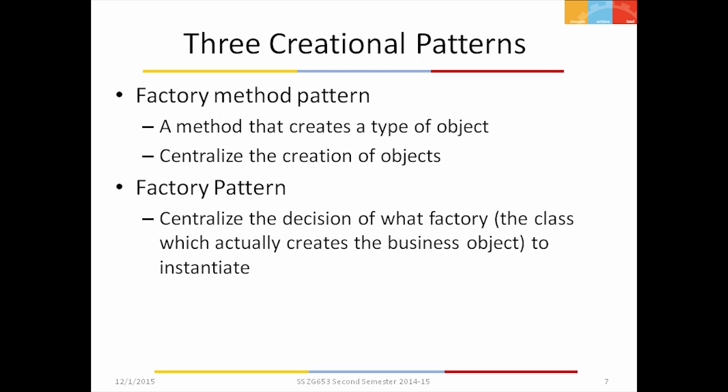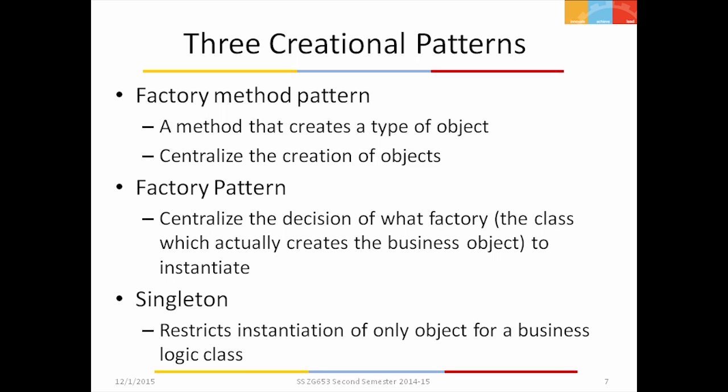Factory pattern centralizes the decision of what factory or the class which essentially creates a business object to instantiate. There is a slight difference between factory pattern and factory method. Factory method is a method. Factory pattern is essentially a class.